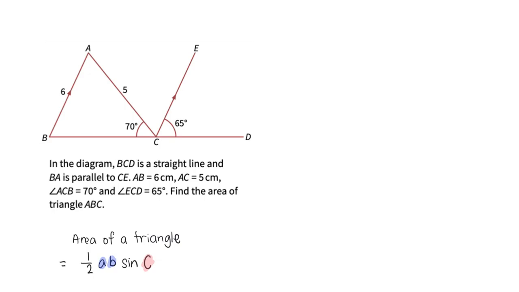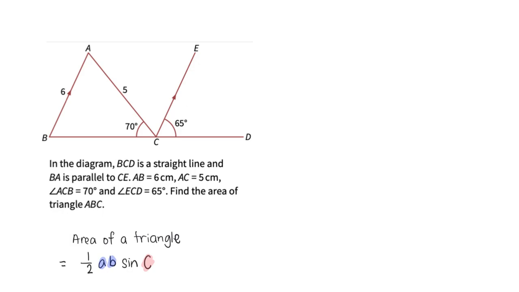Hello everyone, welcome to this question where we are given BCD is a straight line. We are given parallel lines BA and CE, and the sides of AB and AC are 5 and 6 cm respectively, and some of the angles are shown in the diagram. Find the area of triangle ABC.